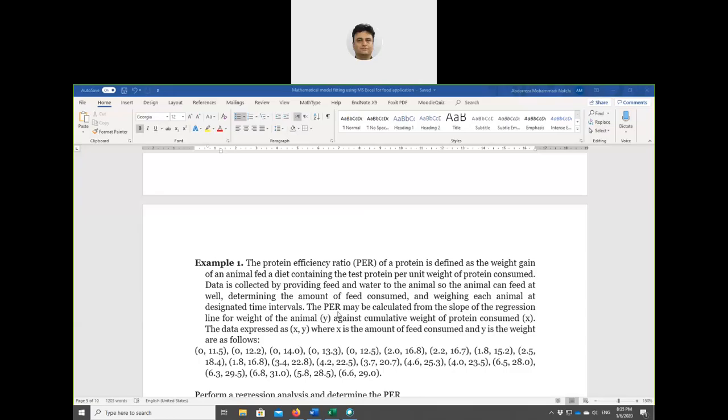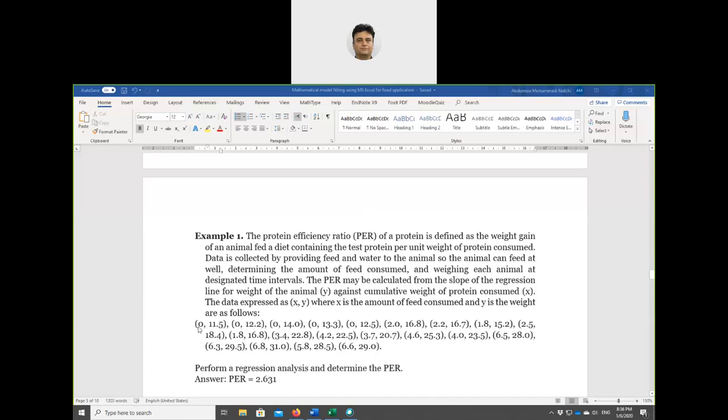The PER, protein efficiency ratio, may be calculated from the slope of the regression line for weight of the animal, y, against cumulative weight of protein consumed, x. The data is expressed as x and y. X is the amount of the protein fed and y is the weight of the animal.